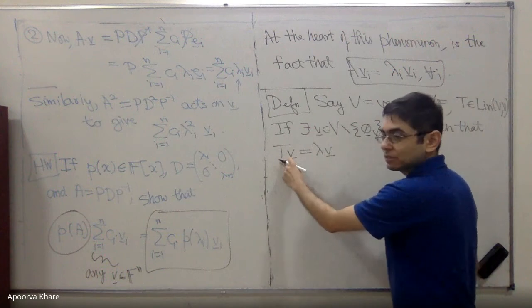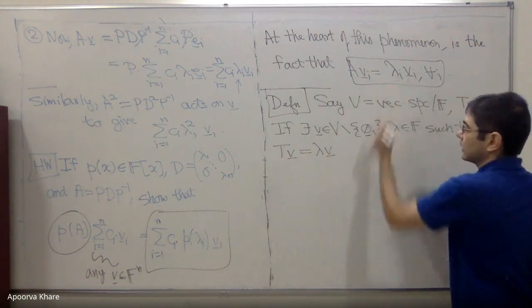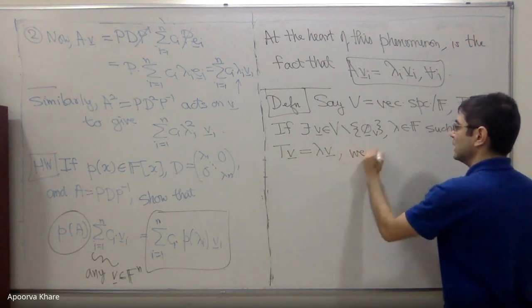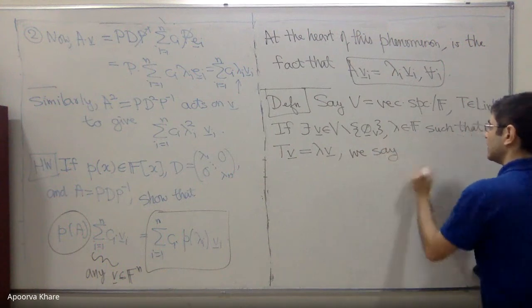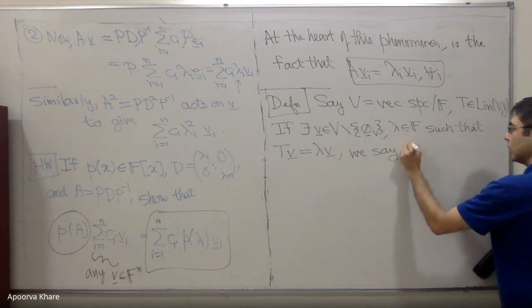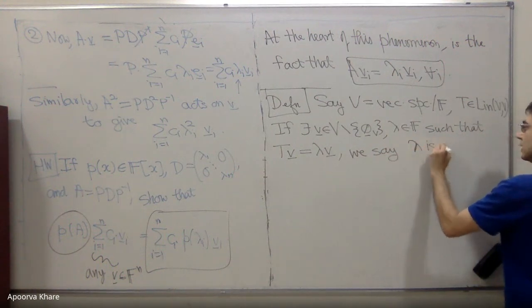This is like A times v_i equals lambda times v_i. We say lambda is an eigenvalue of T.